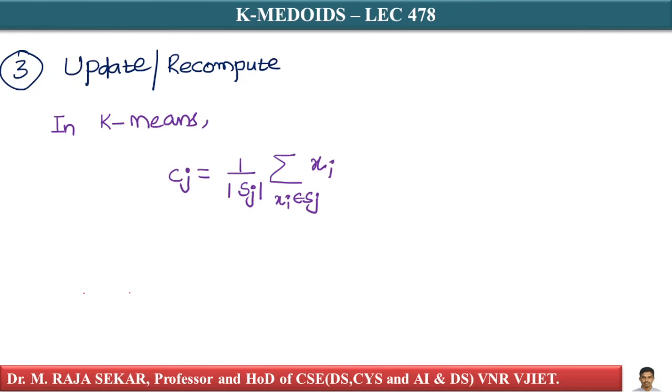Our third step was update, or recompute centroids. Here there is a difference, because in the update stage in K-means, what did we do? In K-means, we said Cj equals 1 by mod Sj, sigma xi, where xi belongs to Sj. This is what we did in K-means.